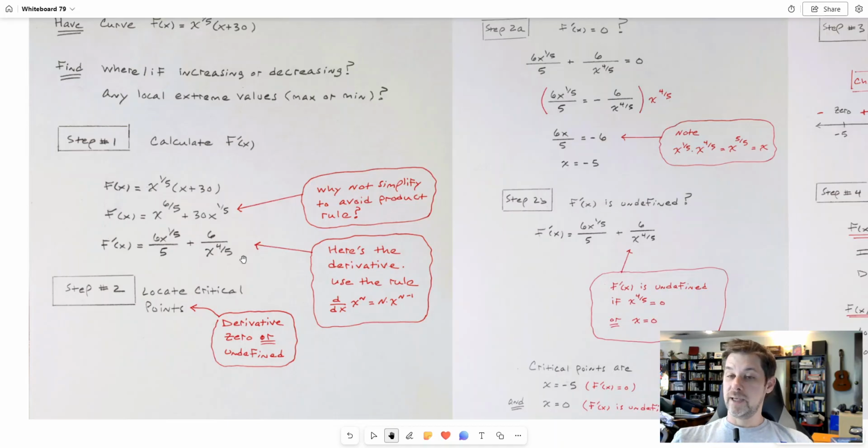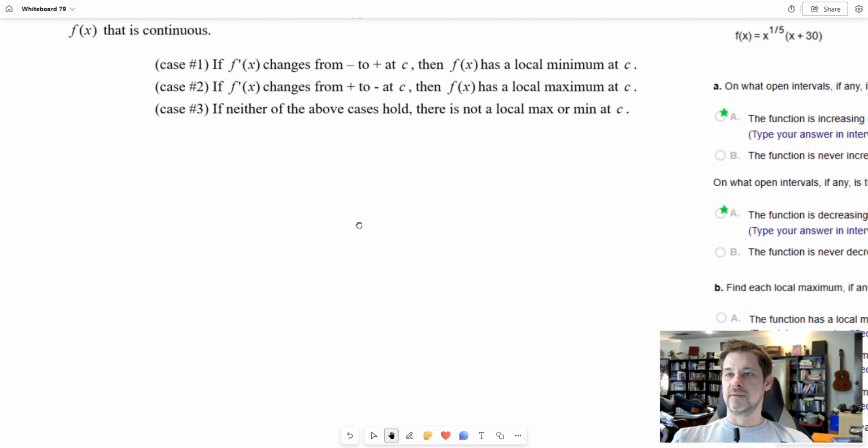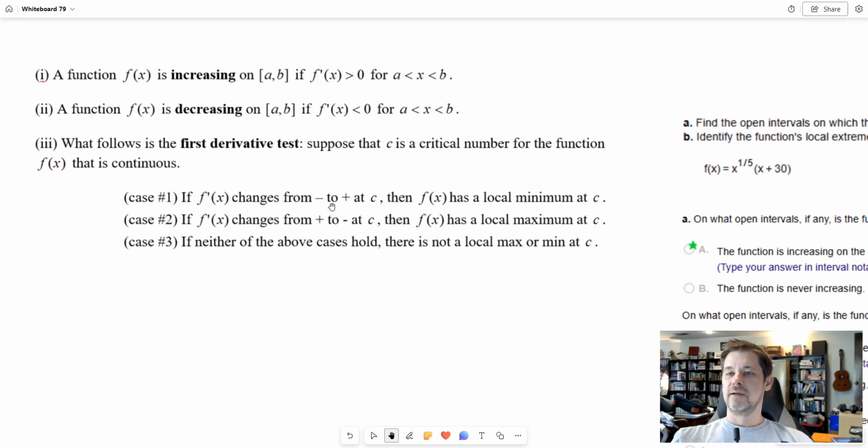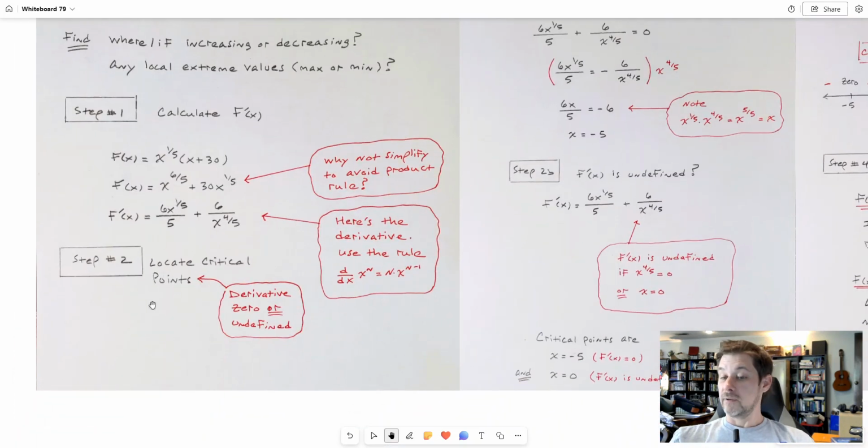What I do will be based on analyzing that. Now, you may notice that in this information here, we need to know critical numbers to fully evaluate this. So I'll locate the critical points or the critical numbers. A critical point or a critical number is any point where the derivative is either 0 or undefined.